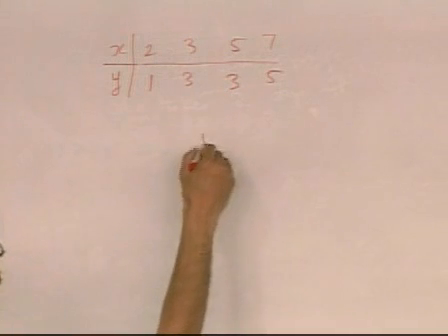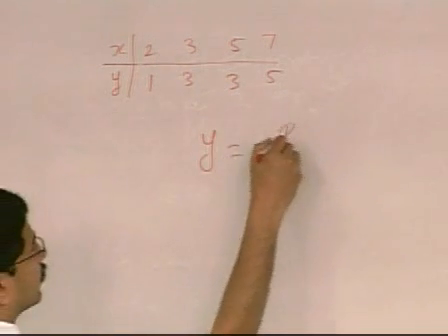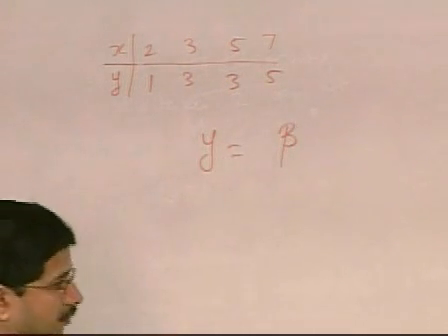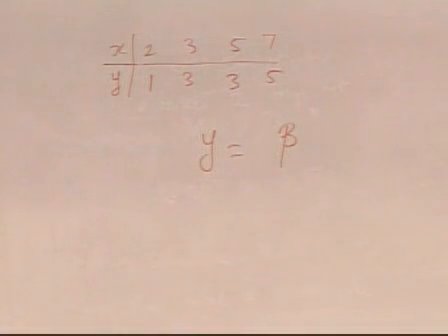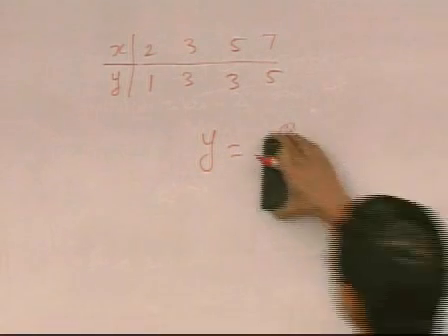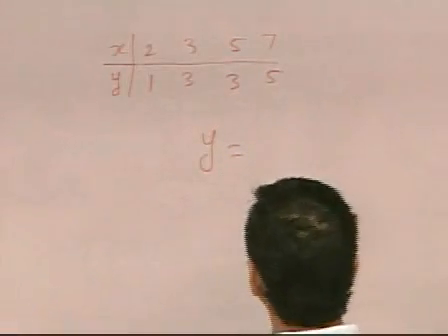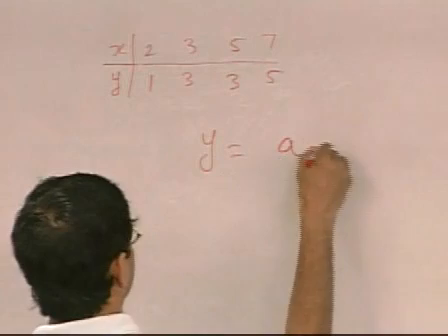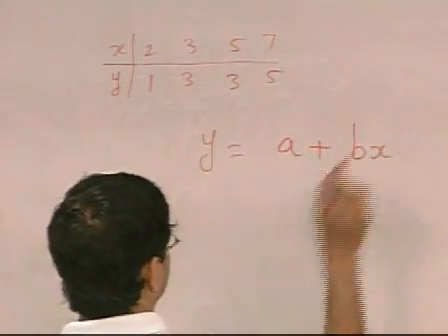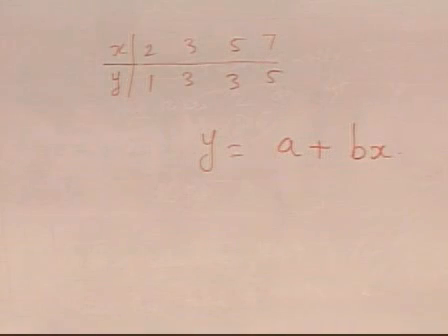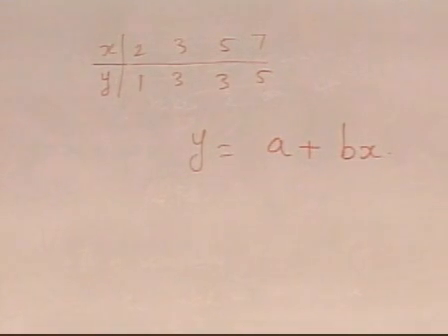So Y is going to be some A plus BX. And your goal, of course, is to find A and B.